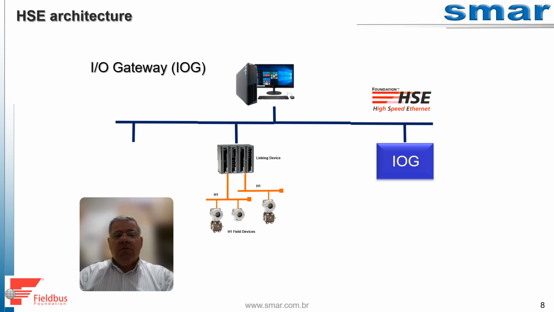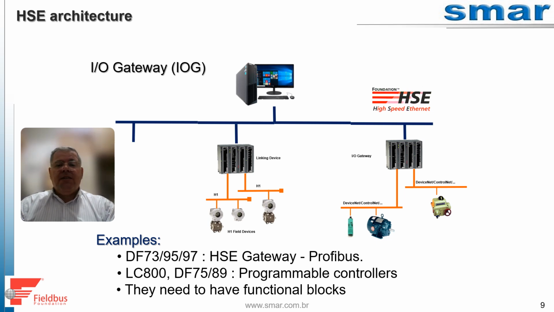Another part of the HSE network is the I/O gateway. It can be a device for data acquisition and conventional digital or analog inputs and outputs. As examples of I/O gateways, the DF73 stands as an illustration, among others, and the DF95 as well, which are controllers like Profibus controllers.